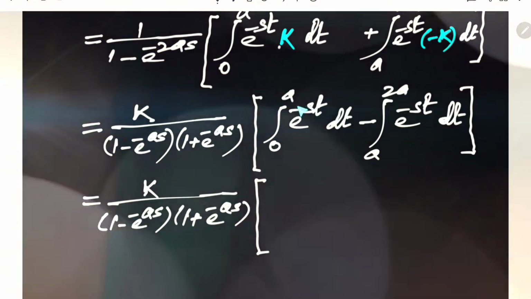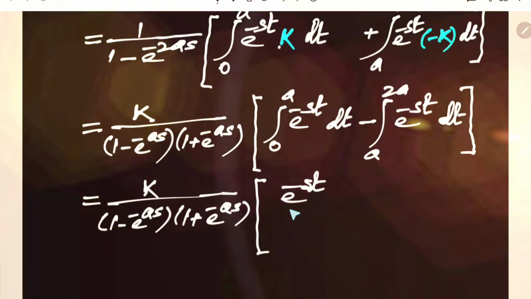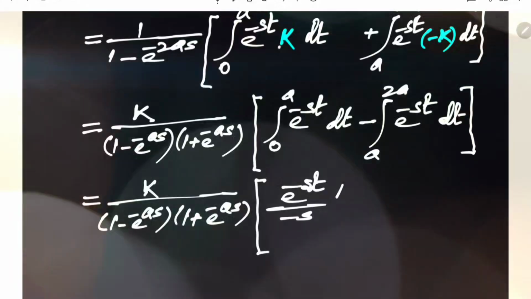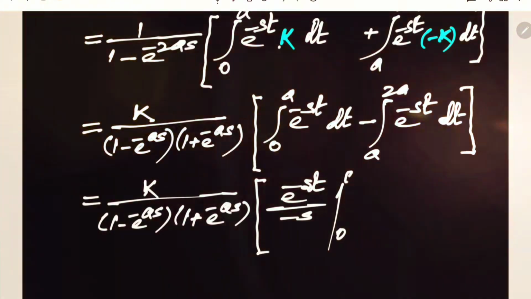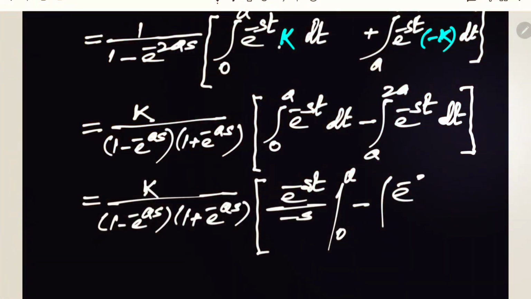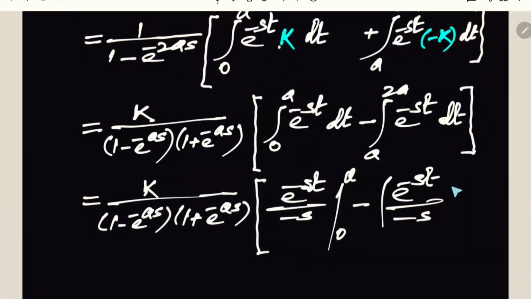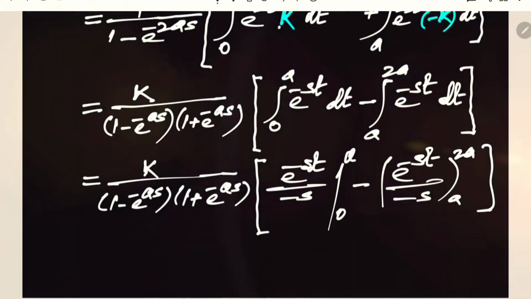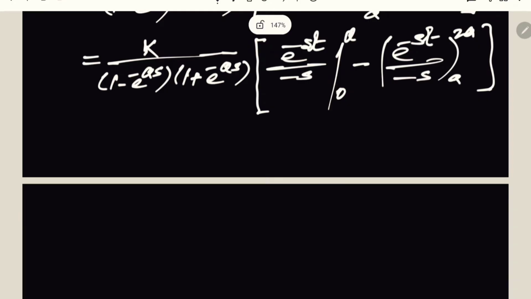The integration of the first term is e raised to minus st divided by minus s, limit from 0 to a, and minus in bracket, the integration of that term is e raised to minus st by again minus s, limit from a to 2a. Then substituting the upper and lower limit for both the terms, other term as it is, therefore k upon 1 minus e raised to minus as and 1 plus e raised to minus as.